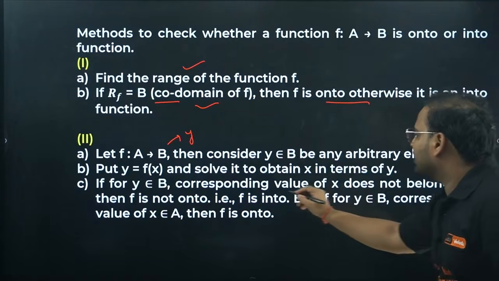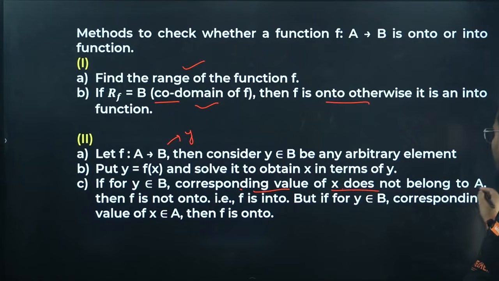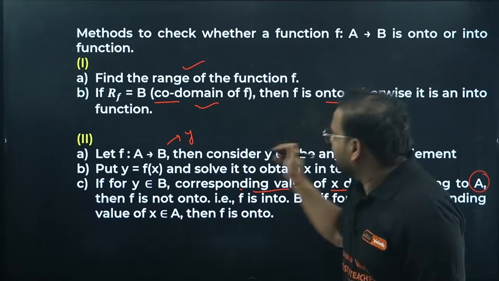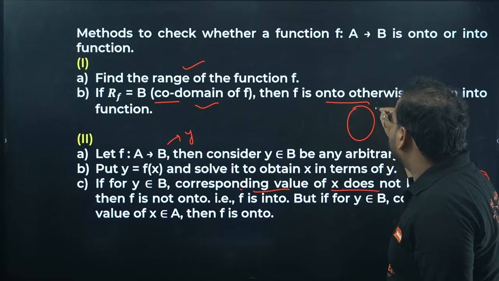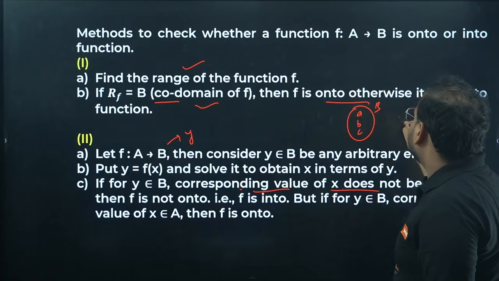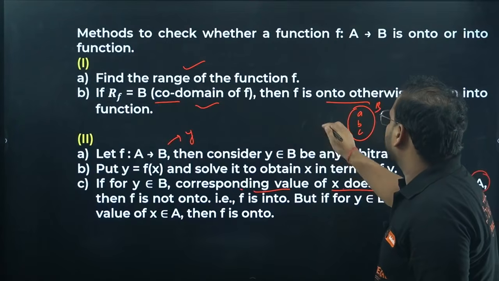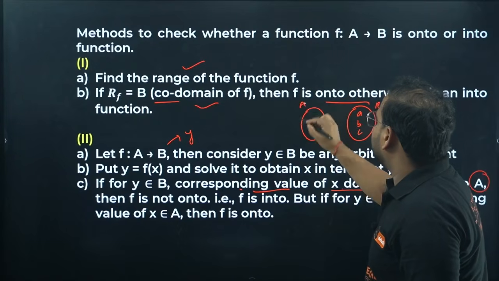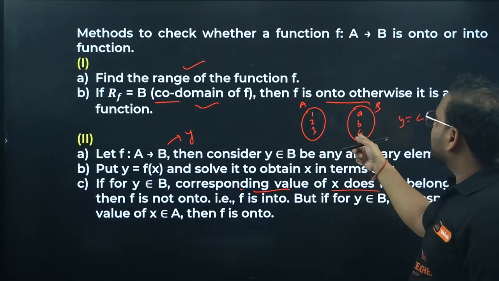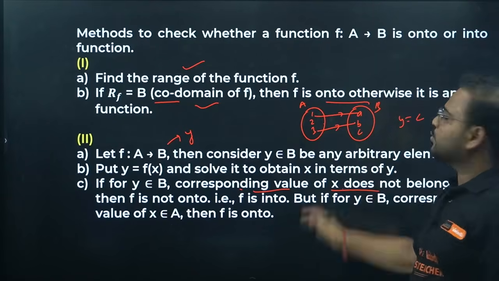If the corresponding value of x does not belong to the set A, the domain, then the function is into. Let's say I took a value of y. I have here a, b, c. I'm taking y equal to c, and there's a mapping over here with set A. Set A has 1, 2, 3, let's say, and y equal to c has no mapping. 1 to a we have, 3 to b we have, but c to 2 is not there.